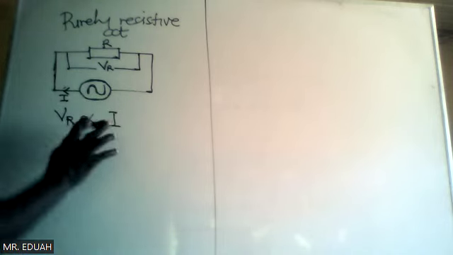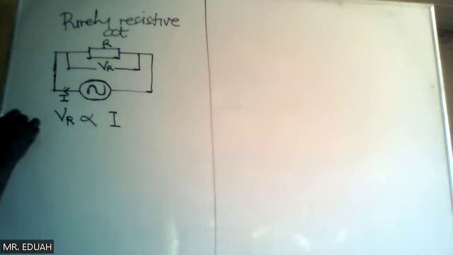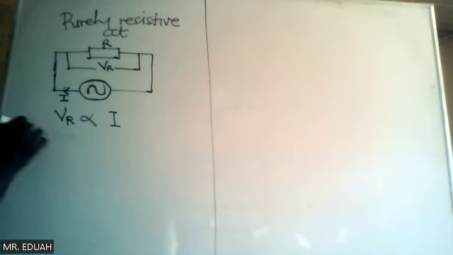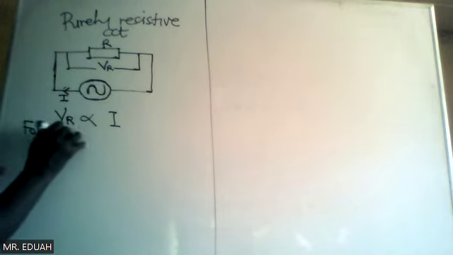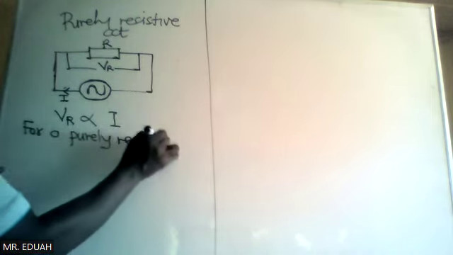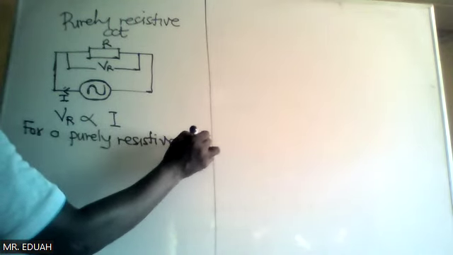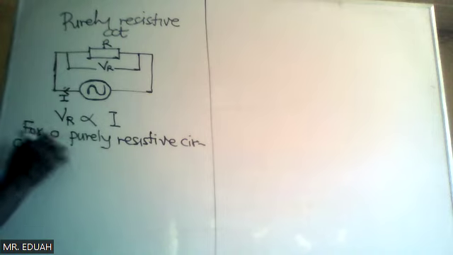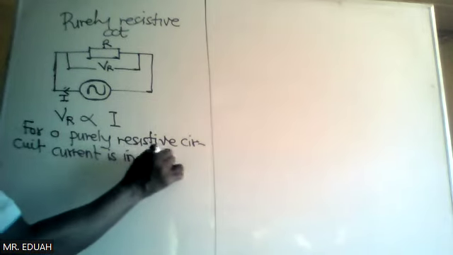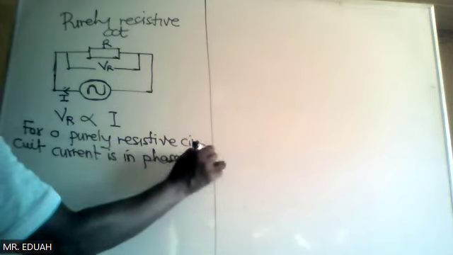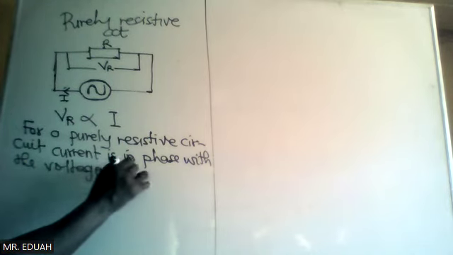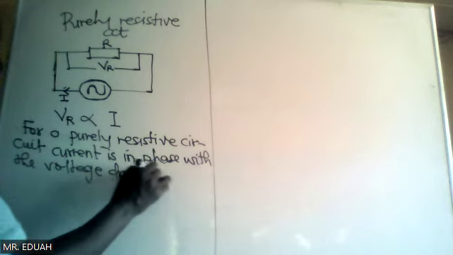Because of this relationship, we say that for a purely resistive circuit, current is in phase with the voltage drop across the resistor, or potential difference across the resistor.